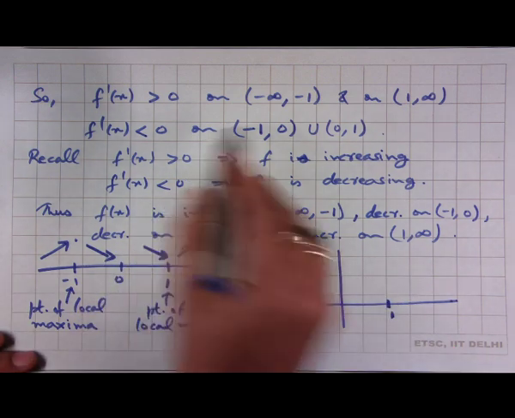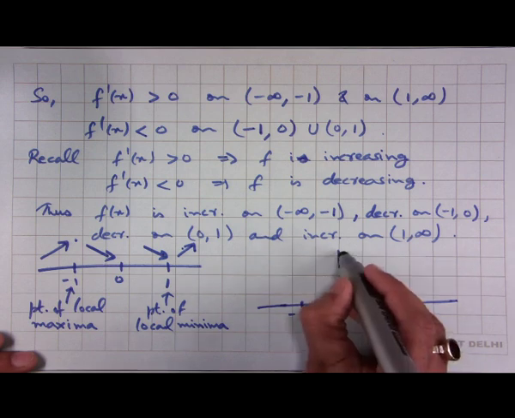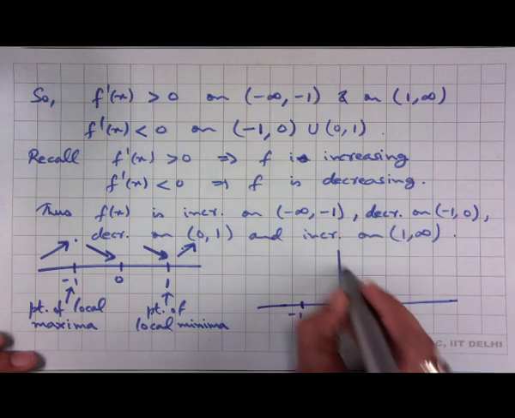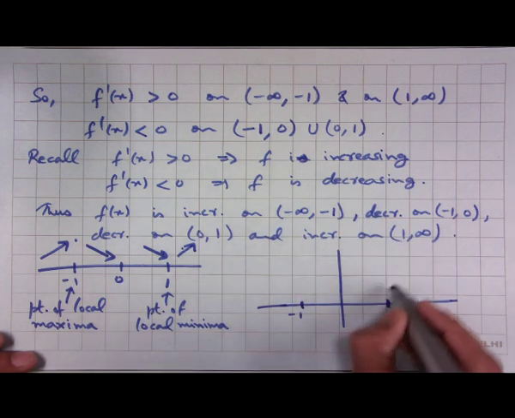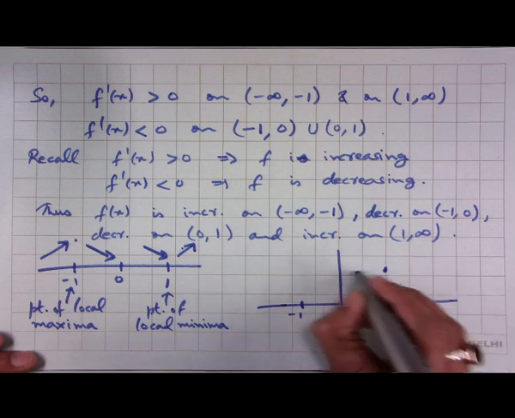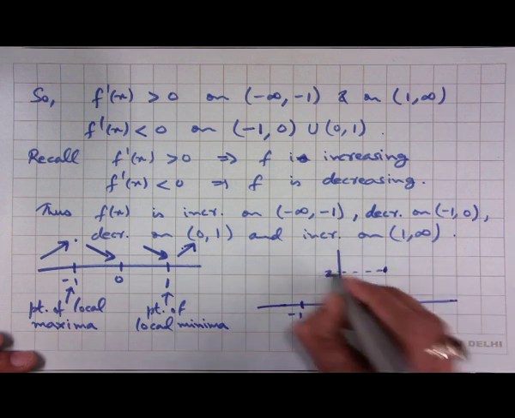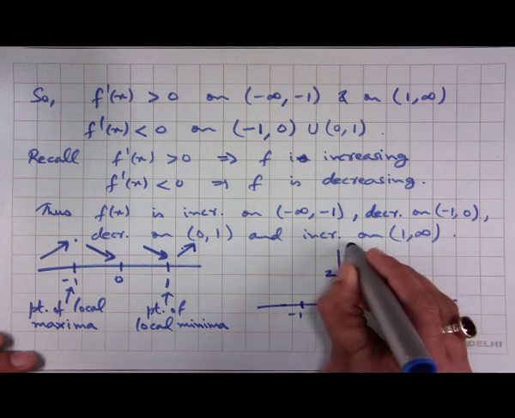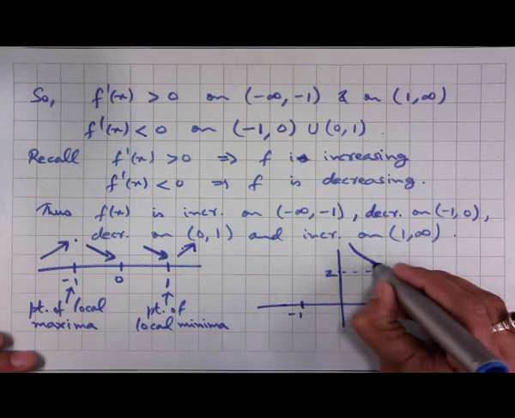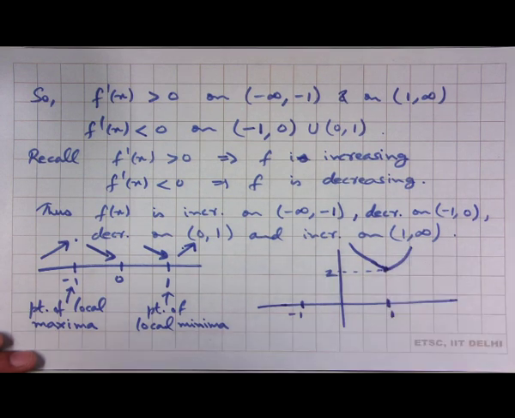Also what we know is that as x goes to 0 from the right, the function goes to positive infinity. So, we have at 1 the value of the function is 2, and then the function is decreasing up to 1 and then it is increasing from 1 to infinity.